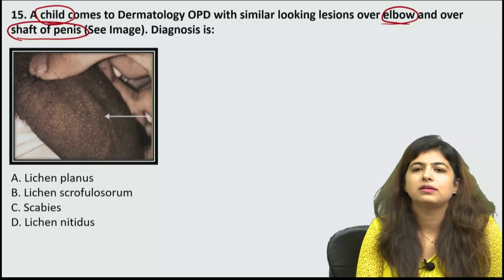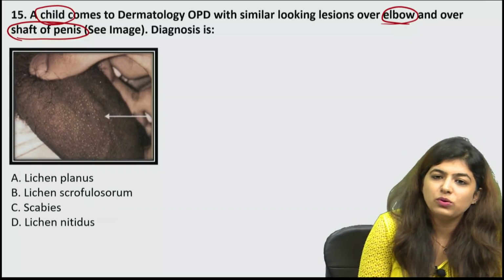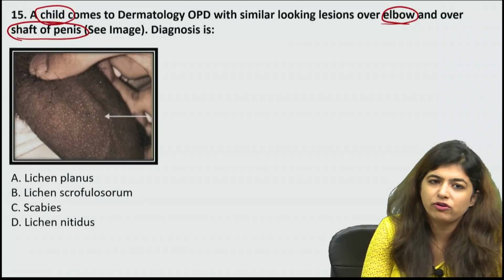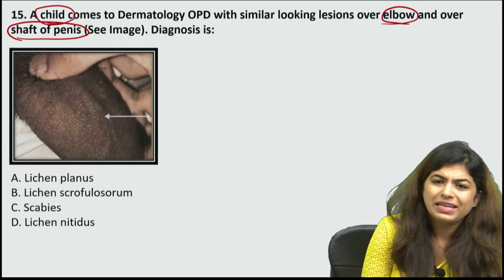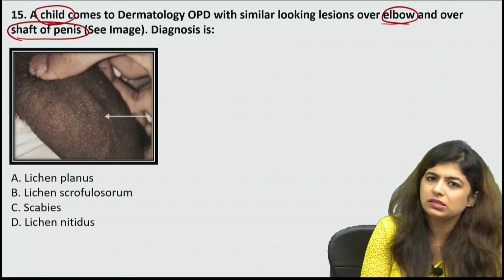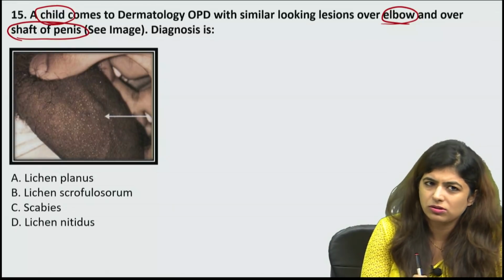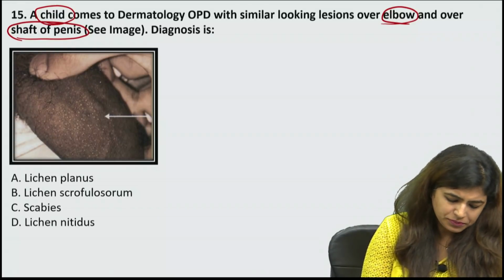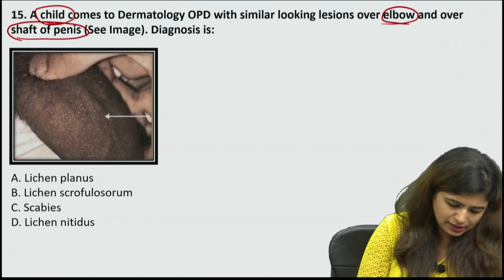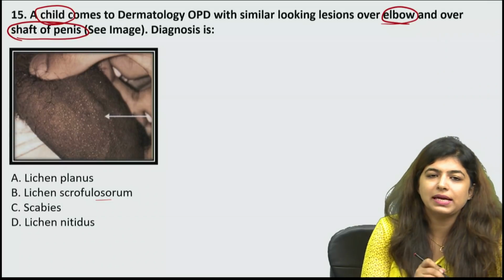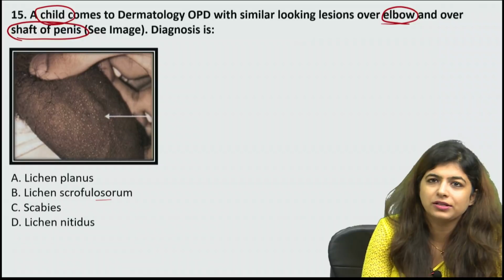What is the diagnosis? So a child with similar looking lesions on elbow and shaft of penis, easy one if you know this disease, and these days it's quite a common question, so I'm sure you know it. Which of these options: lichen planus, lichen scrofulosorum, scabies, or lichen nitidus?